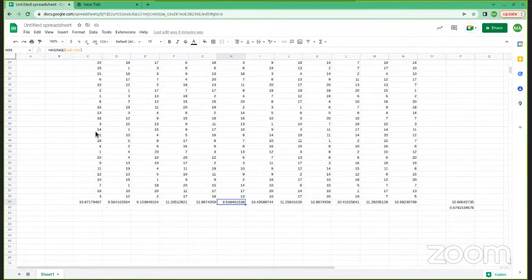With n as 35, I have 10.87 as one sample mean, and other sample means; like this I have 12 sample means. If I compute the variance of these sample means, I get 0.679. If I increase n, say 50 samples each time, my mean will be much closer to 10.5 each time.